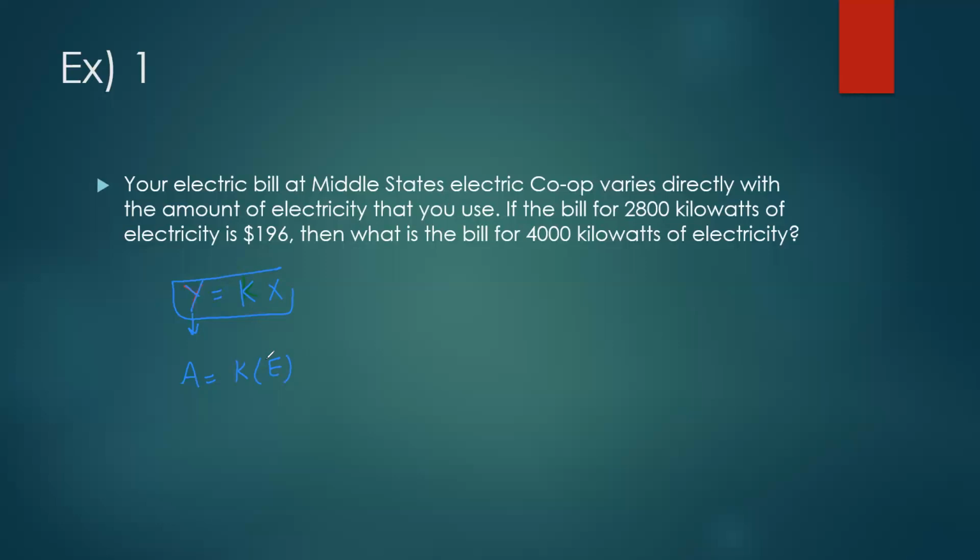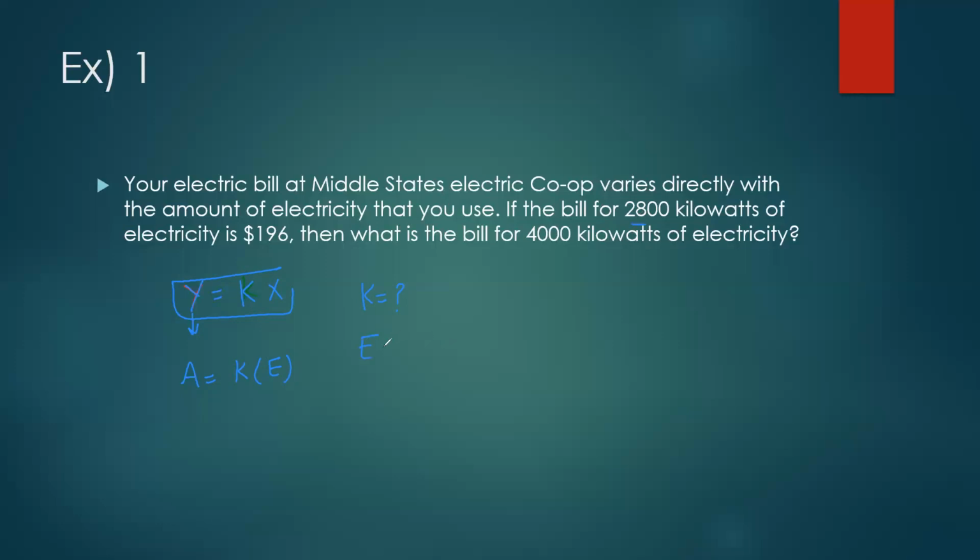Okay, now that we know the equation, our next step is figure out what our K value is. So to figure out your K value, you plug in the known values that they give us. So let's see, what did they tell us? If the bill for 2,800 kilowatts, so 2,800 kilowatts is what?